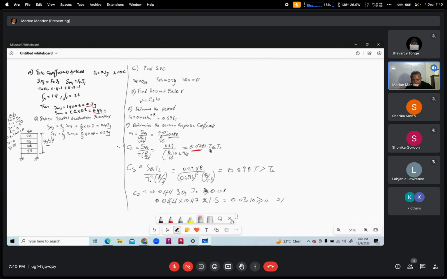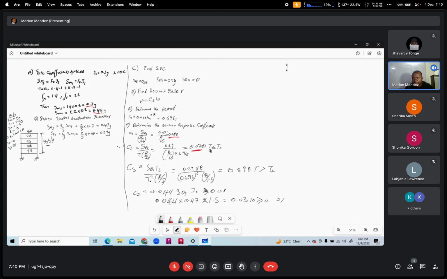So it's just a matter of the condition in applying these equations. You could actually use a T that is less than the long T, apply the equation, and stop there.